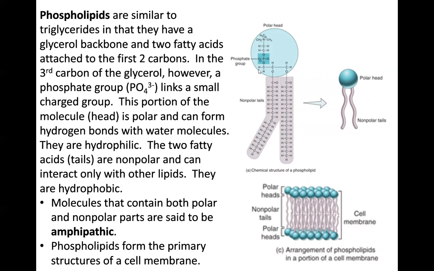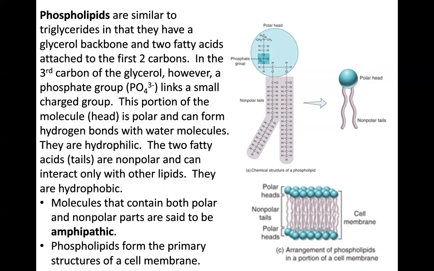This portion of our figure, as I circle it, is the glycerol. That third carbon doesn't have a fatty acid tail coming off of it. Instead, we have some stuff going in the opposite direction, including a phosphate group, and then all this other stuff. I won't really get into that.